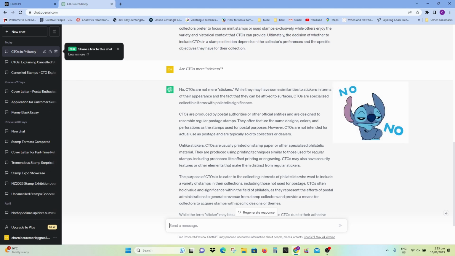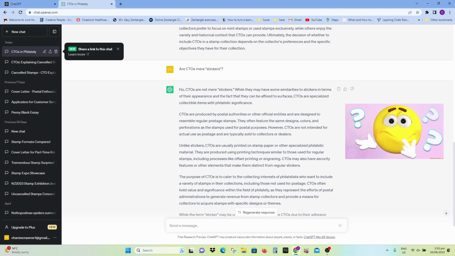Okay. No, CTOs are not mere stickers. While they may have some similarities to stickers in terms of their appearance and the fact that they can be affixed to surfaces, CTOs are specialized collectible items with philatelic significance. CTOs are produced by postal authorities or other official entities and are designed to resemble regular postage stamps. They often feature the same designs, colors, and perforations as the stamps used for postal purposes.